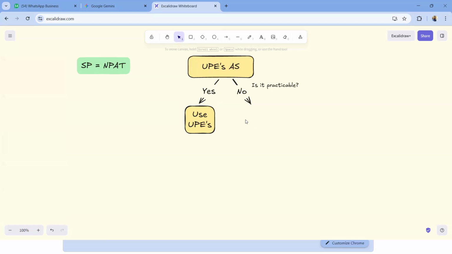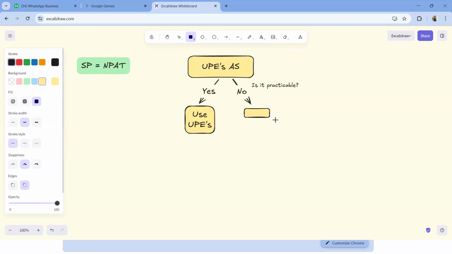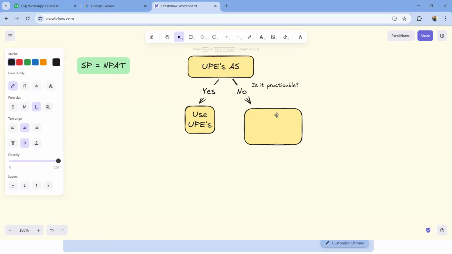If it is not practicable, what did I tell you? You have to ask a few questions. What are the questions you have to ask? Is accounts maintained?